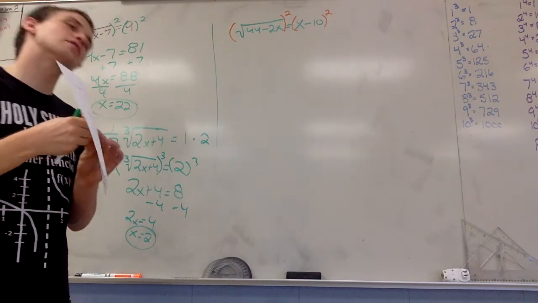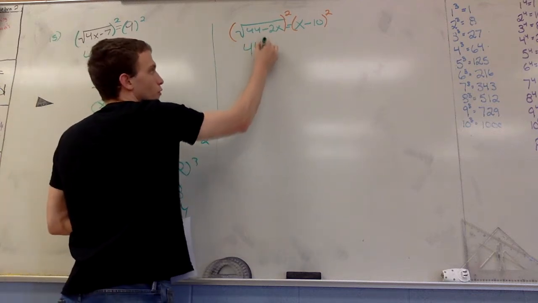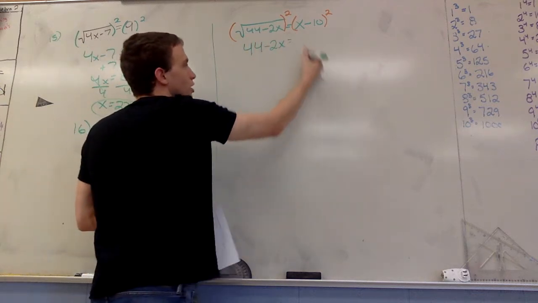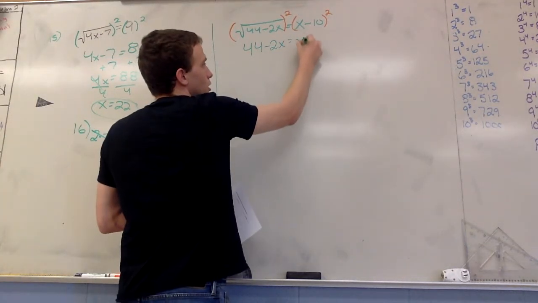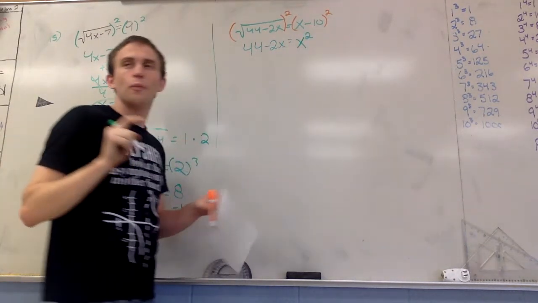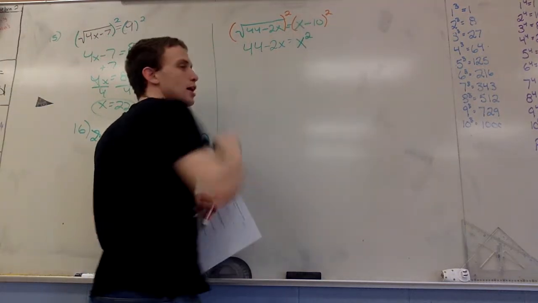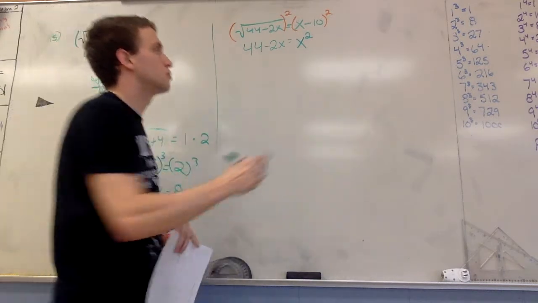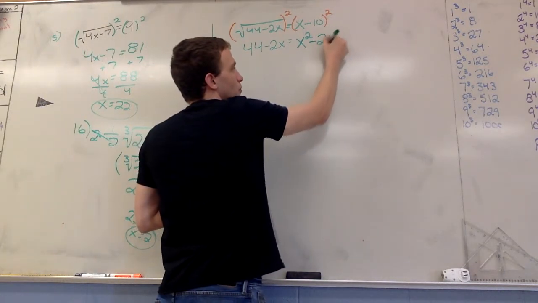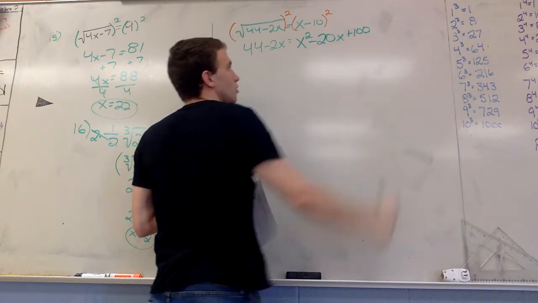Alright. Now, the left side, what is that going to give me? 44 minus 2x. And on the right side, what's that going to give me? X squared minus what? Nope. So when I double distribute this, x minus 10, when I multiply that by itself, I have x squared minus 20x plus 100.